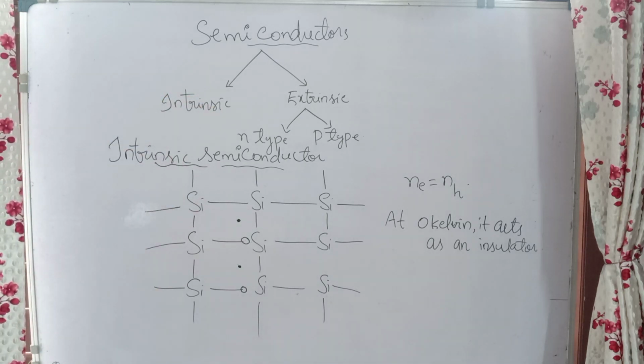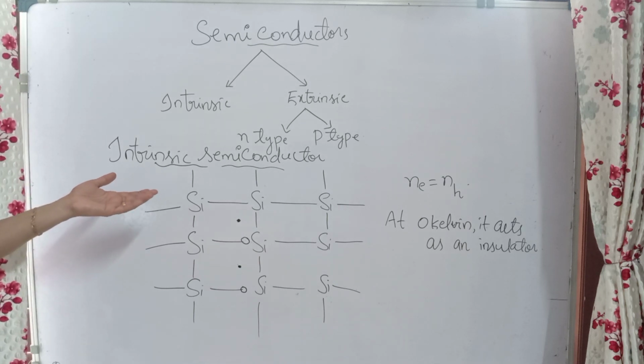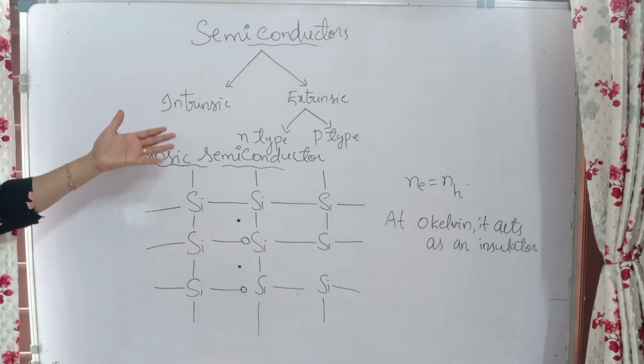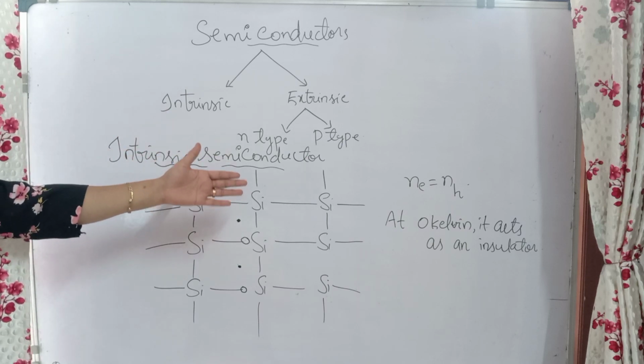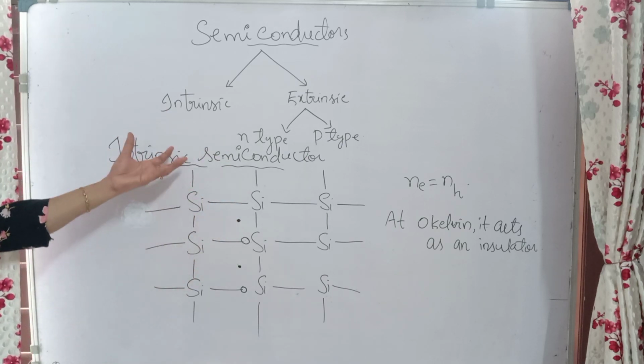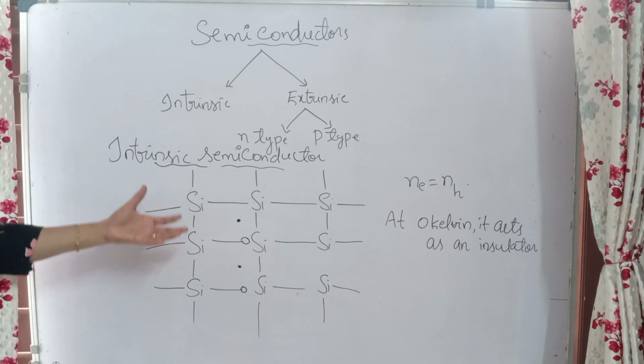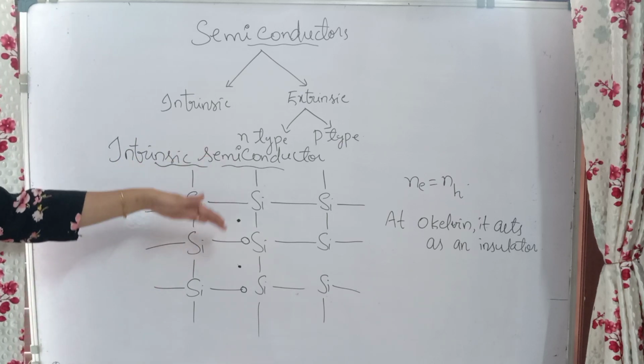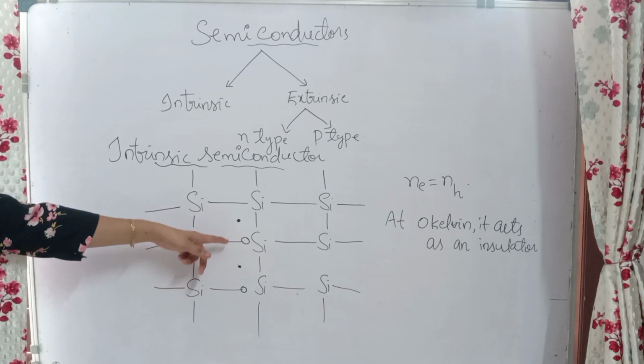At 0 Kelvin, it will act as an insulator. There will be no conducting electrons, and at 0 Kelvin it is just an insulator. When we give extra energy, that means when we heat the material, only then will the electrons be free to move and electron-hole pairs be formed.